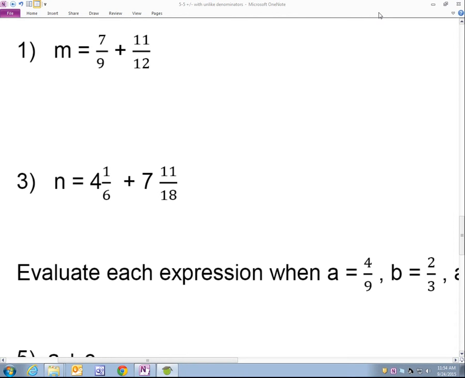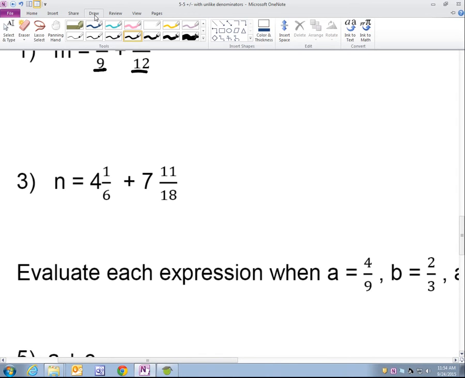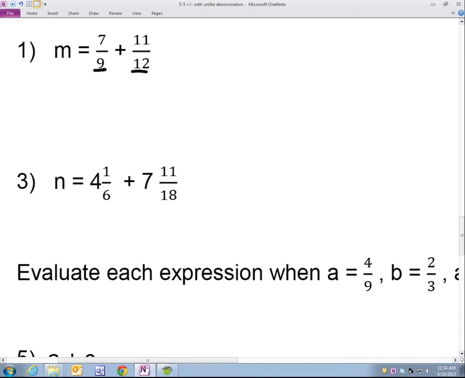Okay. So we need to find the least common multiple between these two. In the way we did it up above, we are going to do it a different way now. Now we're going to do the listing multiples method. So I have multiples of 9, multiples of 12. To save myself time, which one should I do first? Who remembers that from the notes? Jesse, do you remember which one we should do first to save time? The bigger one.